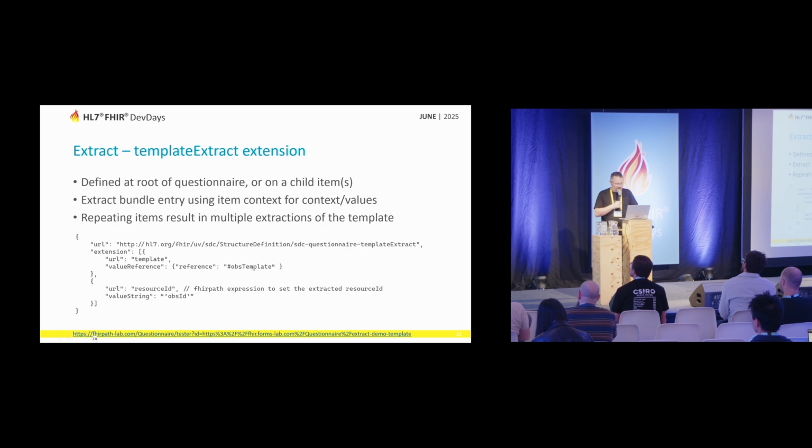We then have resource ID, and if you note there, that's obs ID in backticks in the string, so that's a FHIRPath expression to say always put that in. Normally you wouldn't fix that, you'd put some other value in there, whether it's computed, but that's how you get that.